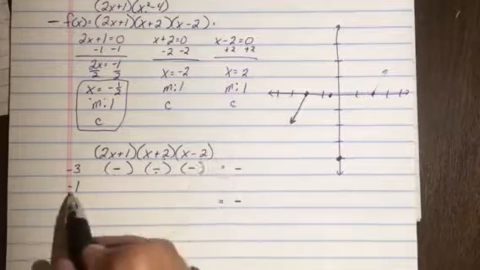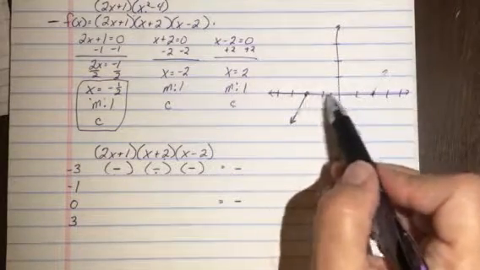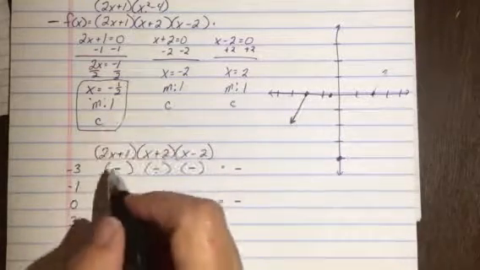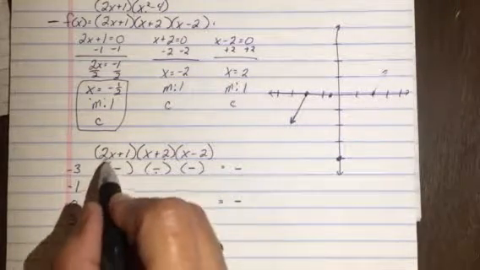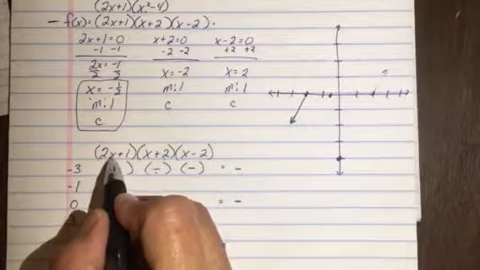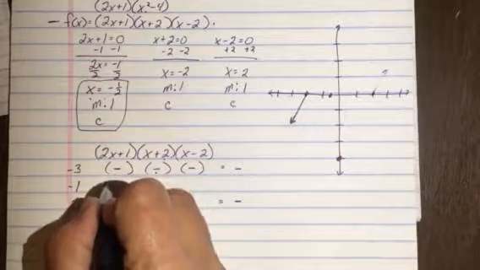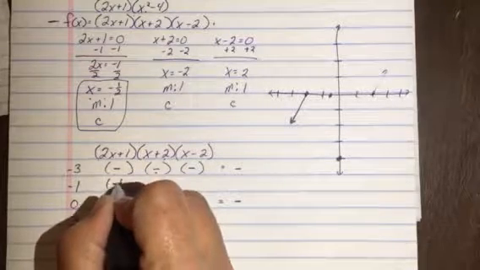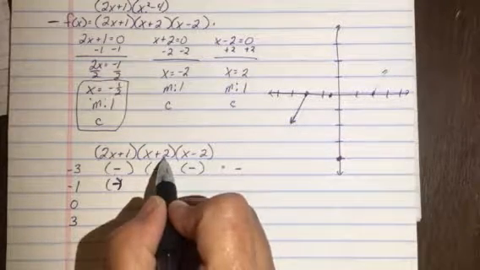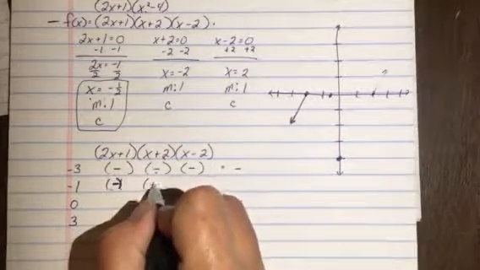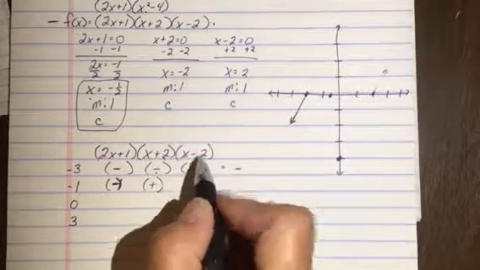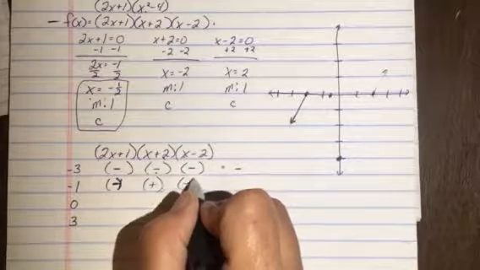Next test point is between negative 2 and negative 1/2, where I'm at negative 1. So if I plug in negative 1, negative 1 times 2 gives me negative 2 plus 1. Well, that's still negative. Negative 1 plus 2, well, that's actually a positive 1. And negative 1 minus 2, that's still a negative.